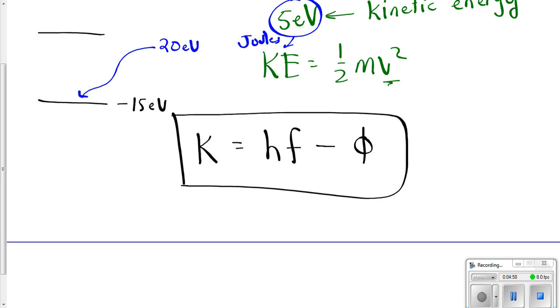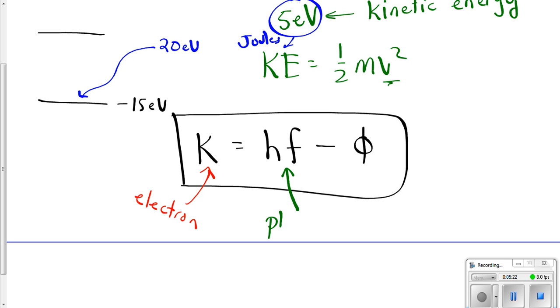Now you have to be very, very careful here because not all of these pieces are talking about the same thing. This piece is talking about the speed of the electron, or the kinetic energy in the electron. This piece, what was that talking about? What has energy hf? Photon.